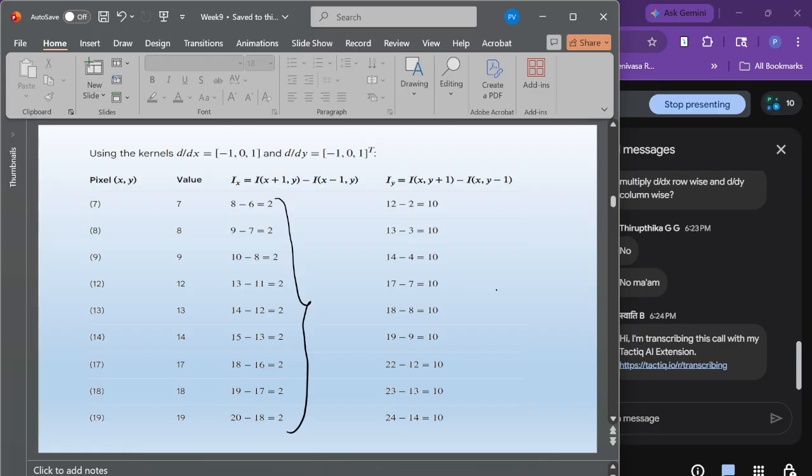Similarly, to calculate the vertical gradient for any pixel in the 3 cross 3 window, you take the row above and the row below for the given pixel, below minus above.